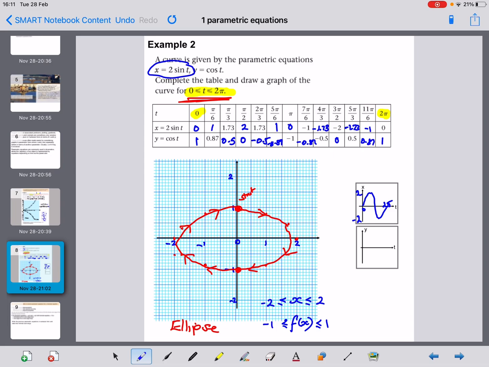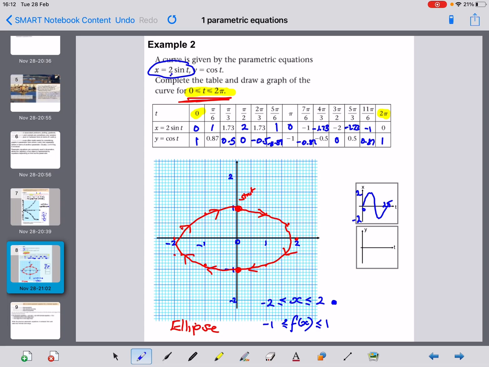So this domain here, we can figure out, had we not even drawn the graph, by just considering the range of that first parametric equation. And it's going from -2 to 2 because there's a vertical stretch.